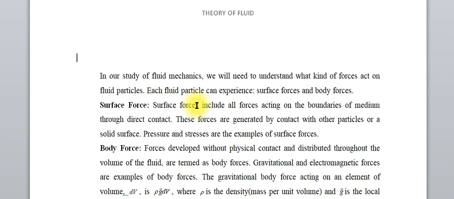What are surface forces? Surface forces include all forces acting on the boundaries of a medium through direct contact. These forces are generated by contact with other particles or a solid surface.